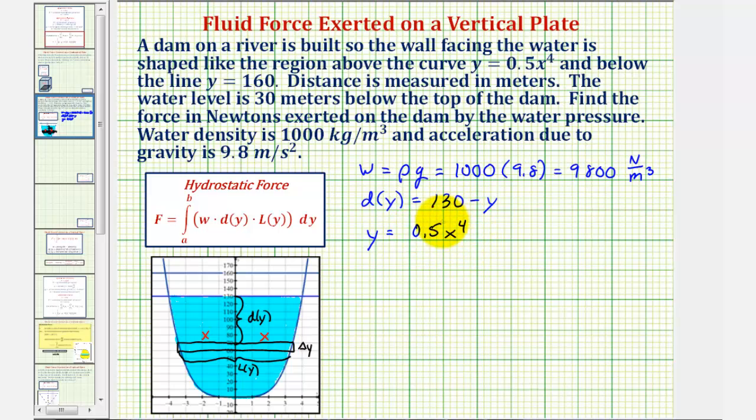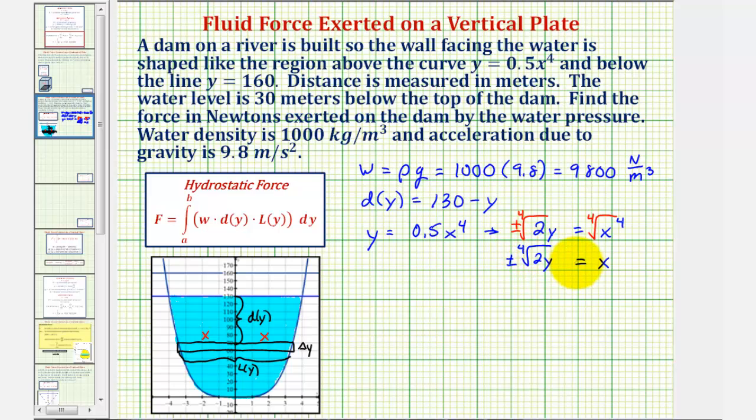We would multiply both sides by 2. That would give us 2y equals x to the fourth. And now if we want x and we have x to the fourth, we would take the fourth root of both sides of the equation. So this gives us x equals plus or minus the fourth root of 2y.